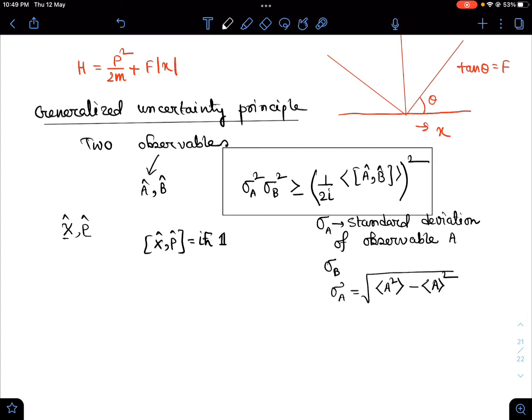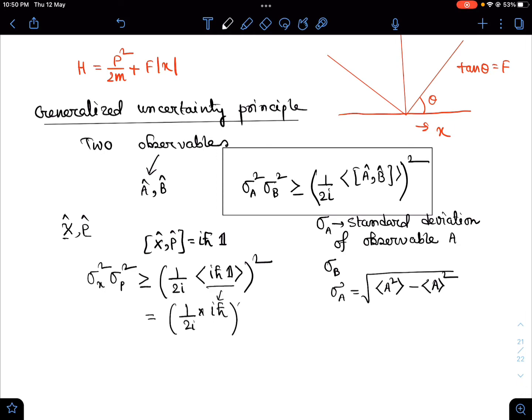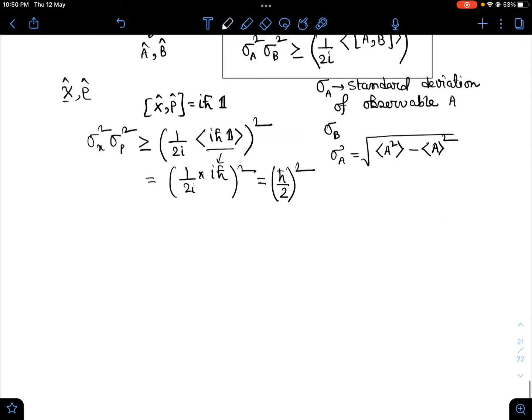So using the generalized uncertainty principle we can write sigma x square, sigma p square should be greater than or equal to the square of 1 by 2i times the average of this, and let us evaluate this. So this average will be this, and i will cancel out, so it will be h cut by 2 whole square. So this is what we get from the uncertainty principle.